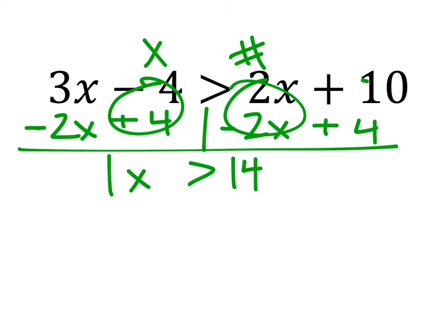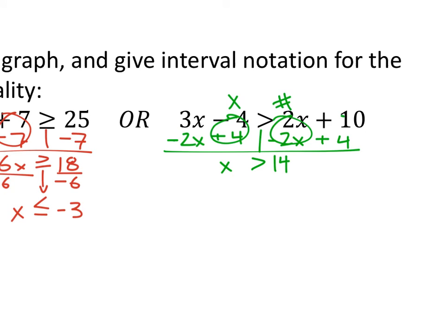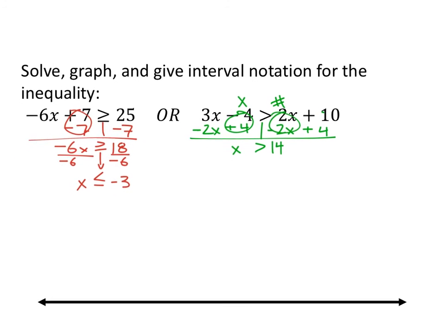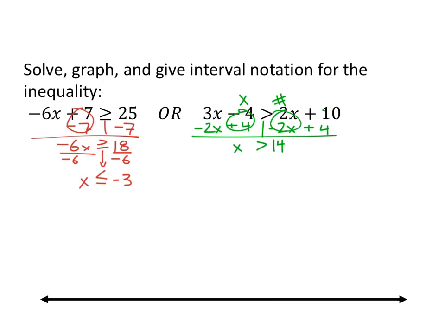Now you could divide both sides by 1, but I'm just going to make it a phantom 1 right there. That is that part of the inequality. Now again, I'm going to put the or statement right now because I have a tendency to forget it. And then we'll see if we need it in the end, okay?